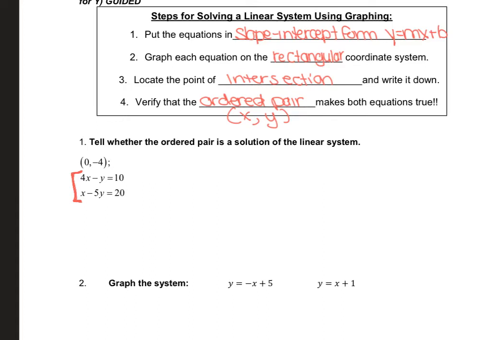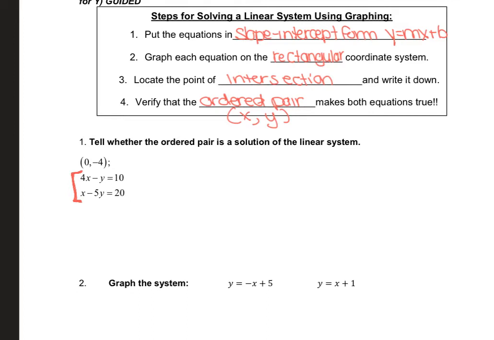The number of variables you have requires that many equations. If you want to solve for 5 variables, you would need 5 equations. If you wanted to solve for 12 variables, you would need 12 equations. If you want to solve for 1 variable, you need 1 equation. Here we're going to focus on 2 variables, x and y, which means we need 2 equations.